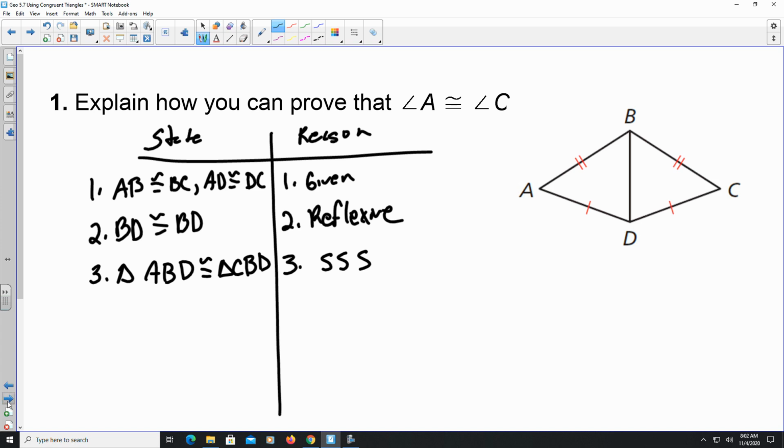So since A is the first and C is the first letter that I wrote in my congruency statement, I can now say A and C are going to be congruent angles. So finally I can say angle A is going to be congruent with angle C because of corresponding parts of congruent triangles are congruent.